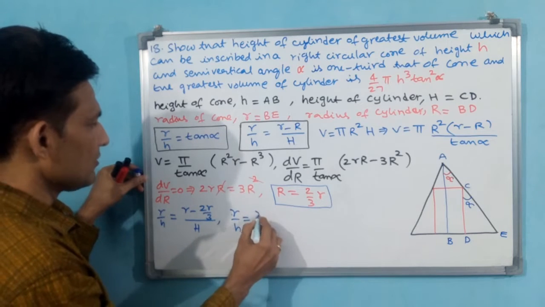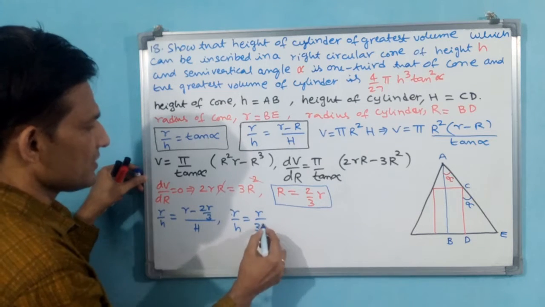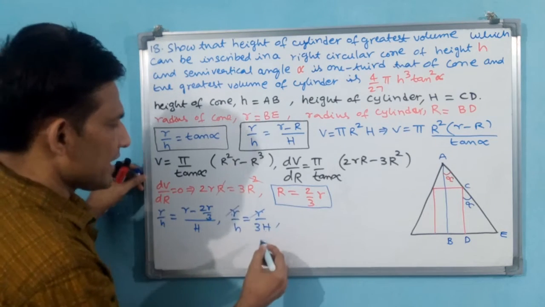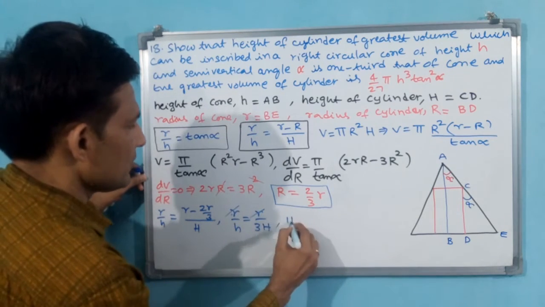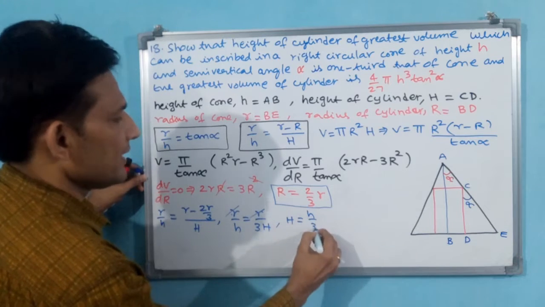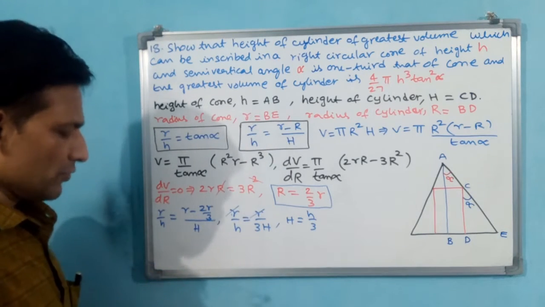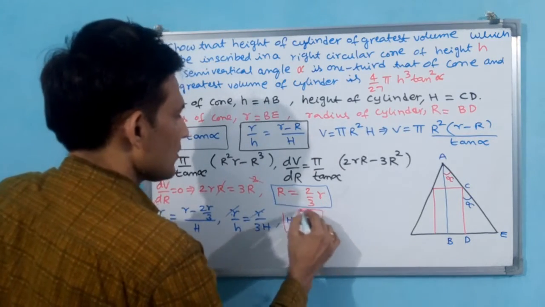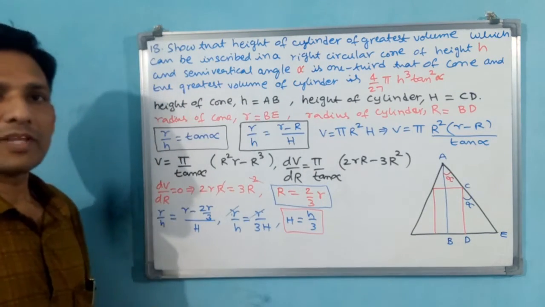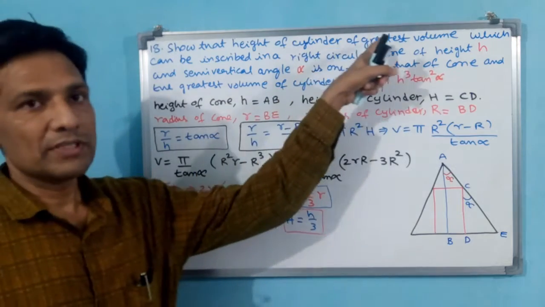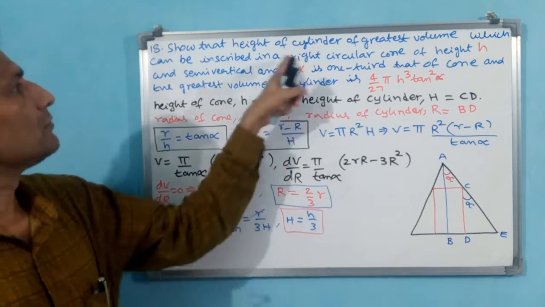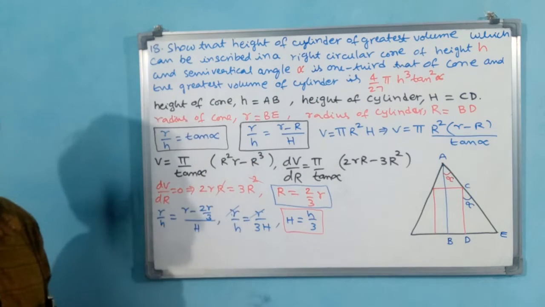R by h is equal to r by 3, and again h is there. Okay. You see, r is going to get cancelled, and h is equal to small h by 3. Is it okay? This is what they asked us to prove. Okay. So that the volume of the cylinder is 1/3 of the cone.